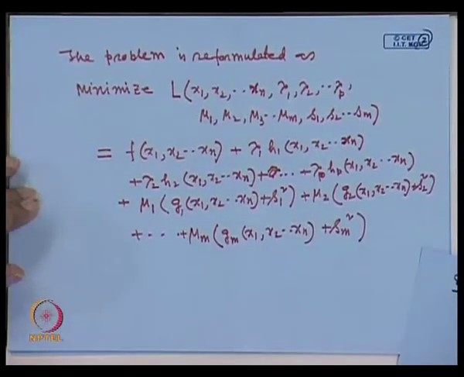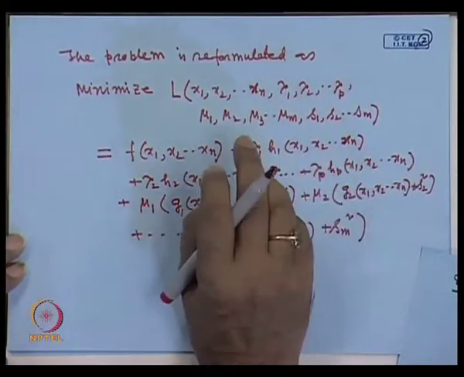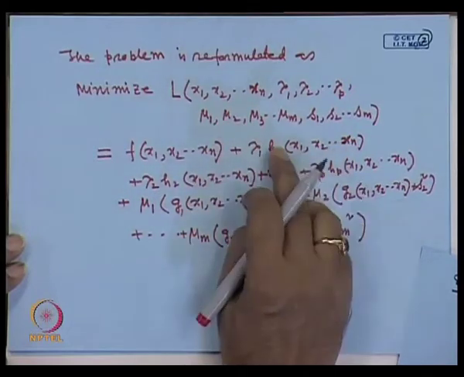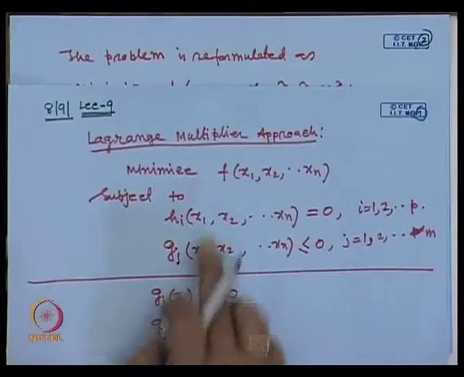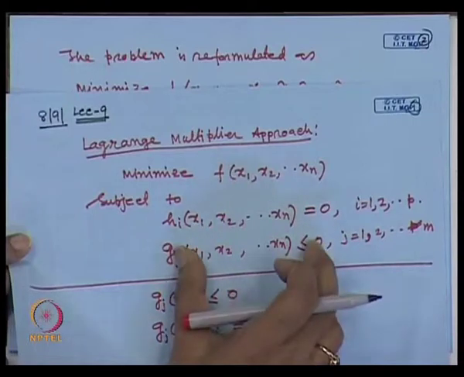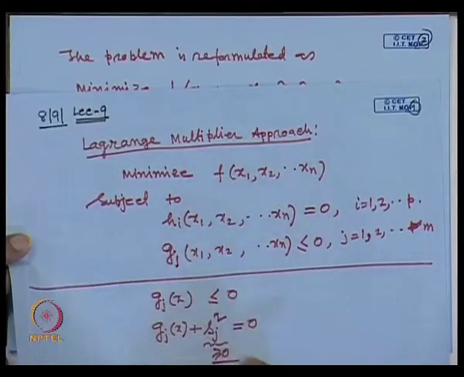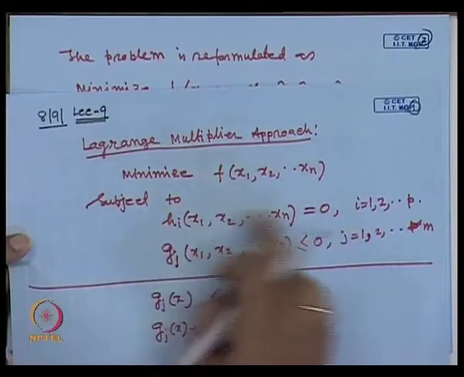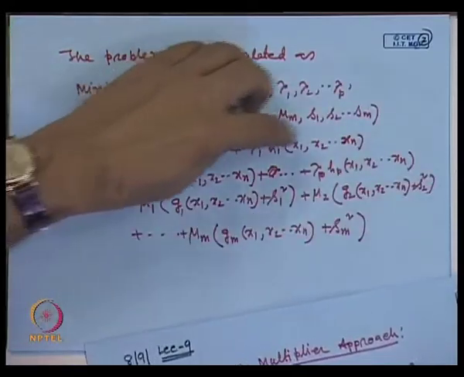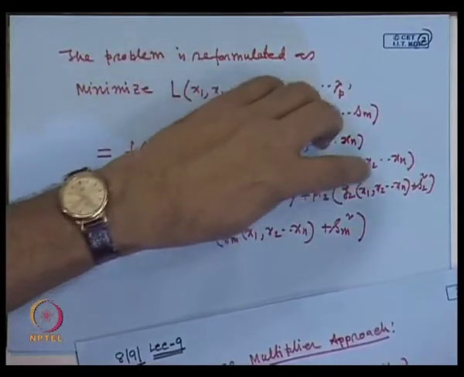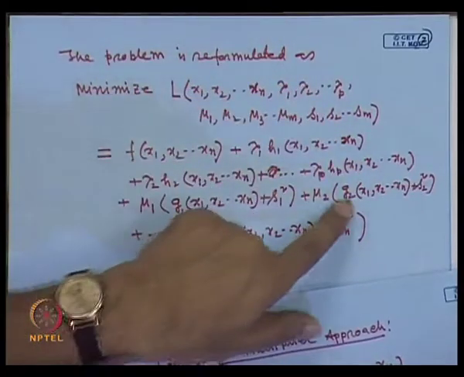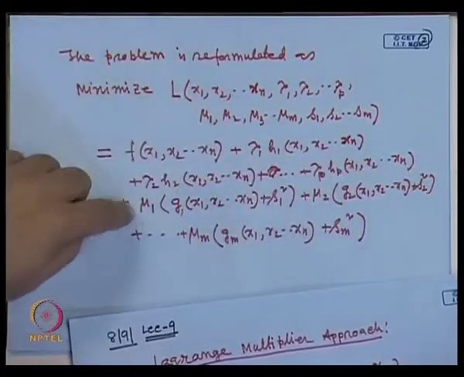The idea is that when this function has reached the optimum value, it must satisfy this condition and this condition. When this condition is satisfied, then this is 0. So, this 0 multiplied by lambda 1 is 0, and similarly this is also 0 multiplied by mu 1.